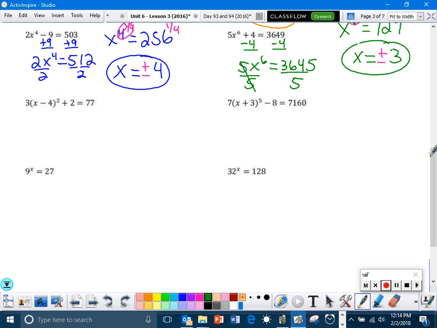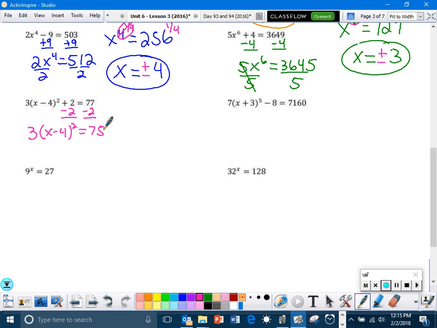Now this one we have a couple more steps involved. Step number 1. We are going to take away 2. So we have 3 times (x minus 4) squared equals 75. Now, the next thing that we do, far too often students are making a mistake here. Do not distribute.